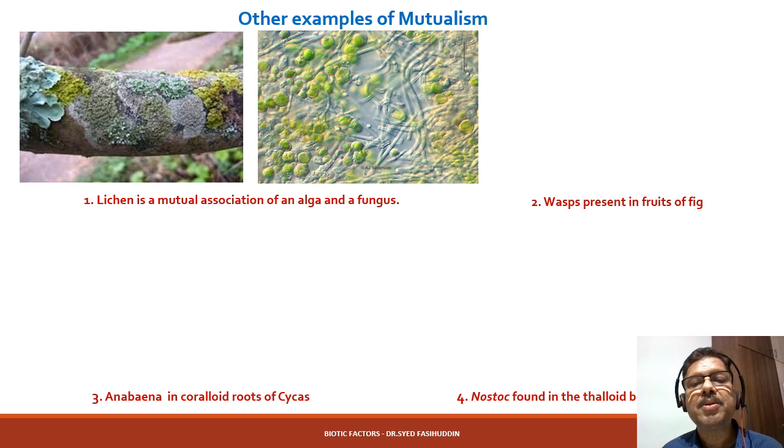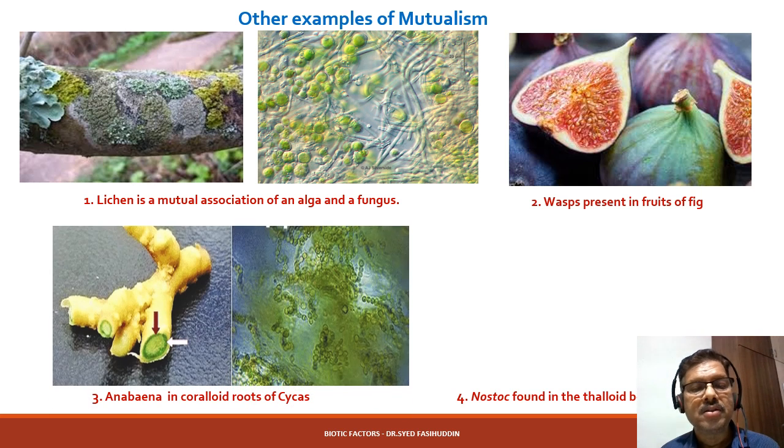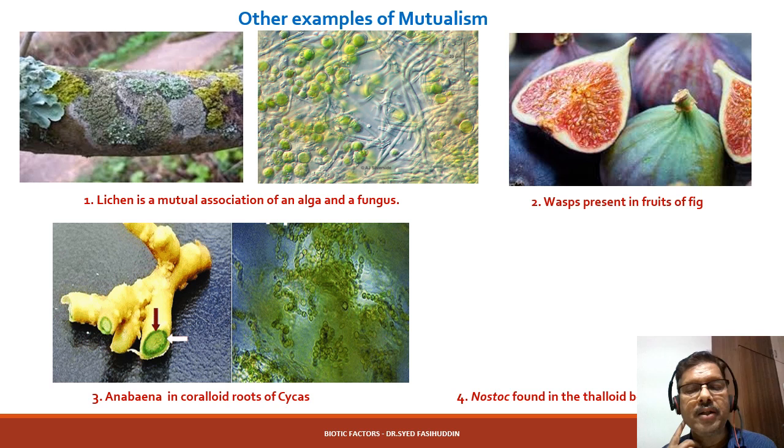The other examples of mutualism are: lichen is a mutual association of an alga and a fungus. The wasp present in the fruits of fig is another beautiful example. Then Anabaena in coralloid roots of Cycas.